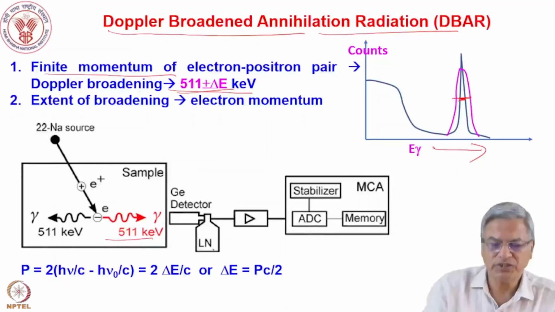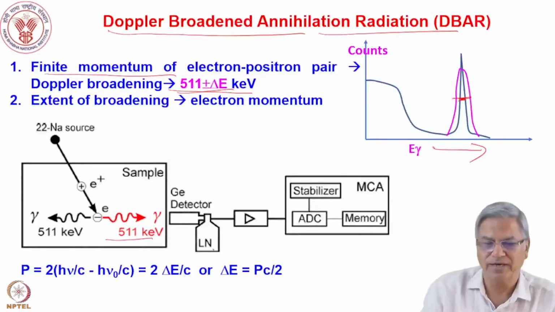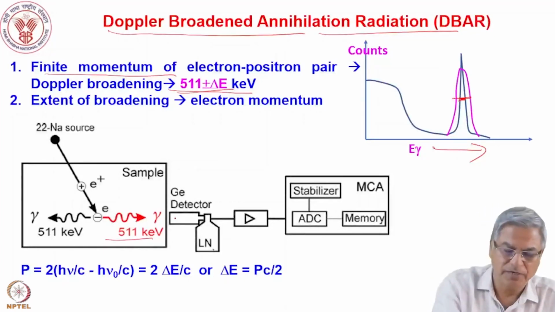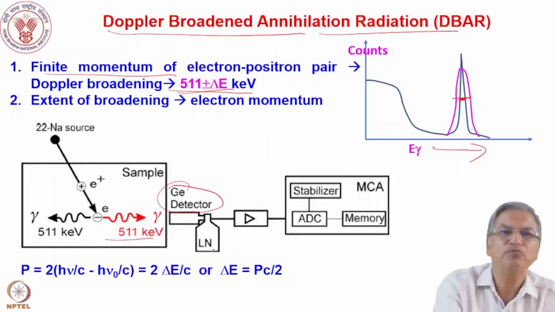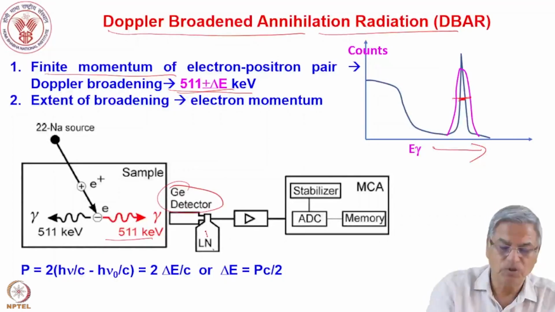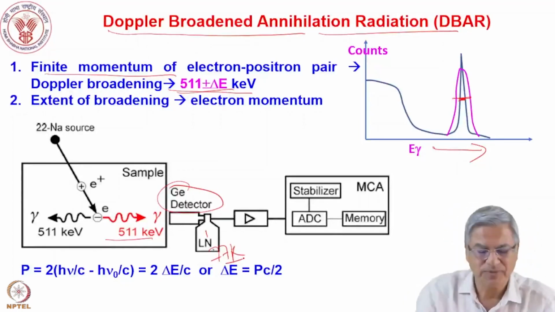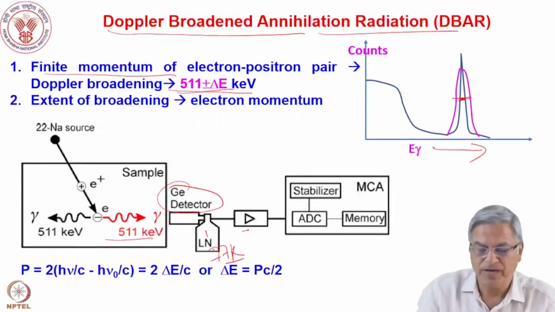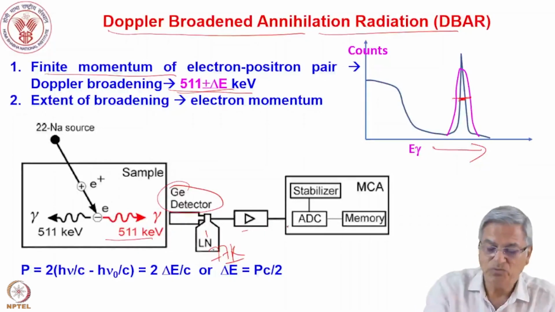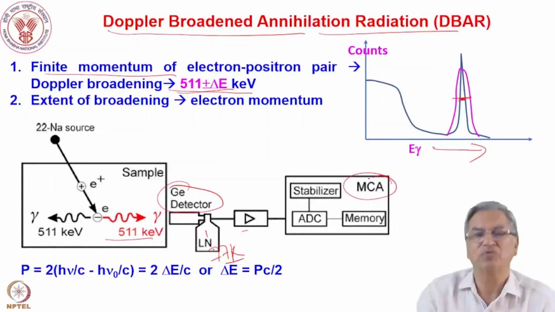So the instrumentation for this Doppler broadening of annihilation radiation is a germanium detector, high purity germanium. It has to be cooled to liquid nitrogen temperature, 77 K, to reduce the leakage current. Then you have the amplifier, and then you put it to the multi-channel analyzer through an ADC and so on.